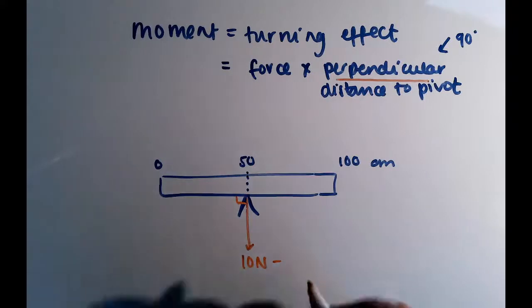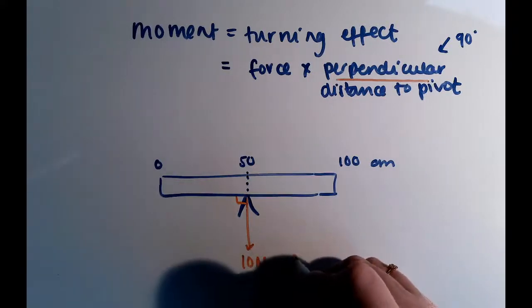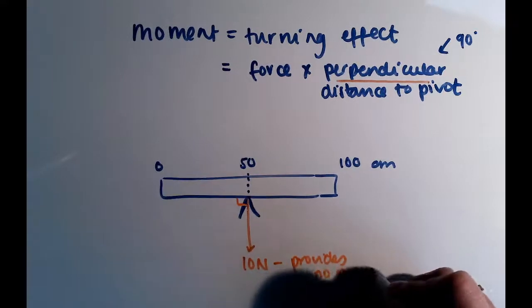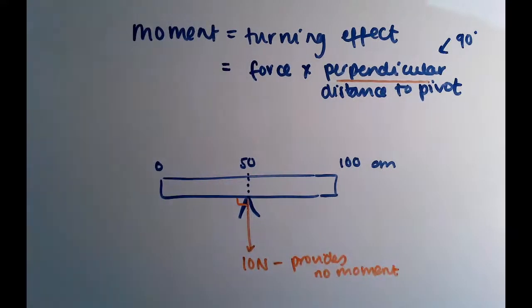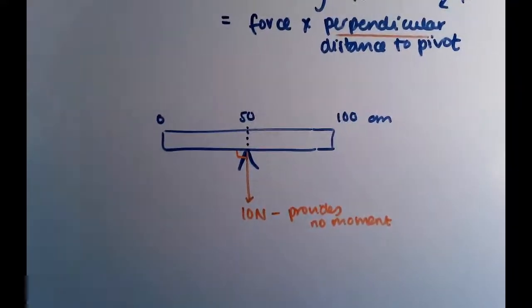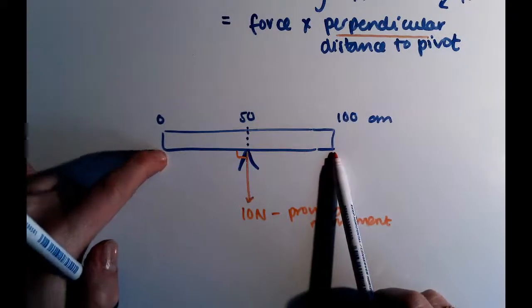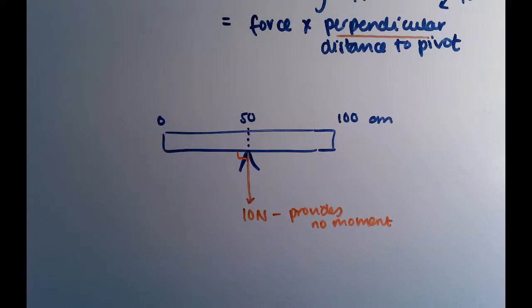Okay, so the weight itself provides no moment. So what that means is you should be able to get the ruler to balance perfectly, and both sides will be lifted off the ground because there's no net turning effect if this is the only force acting.